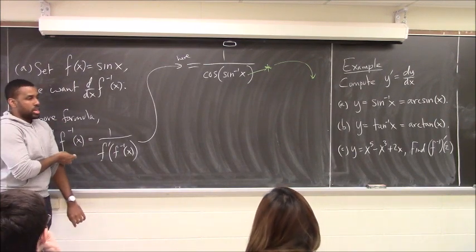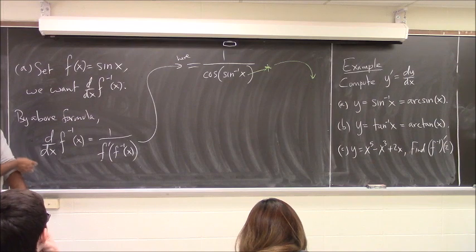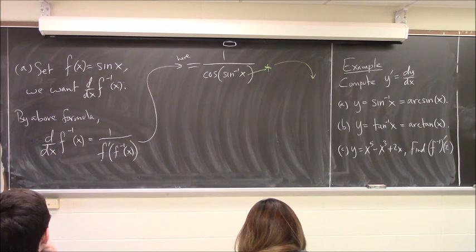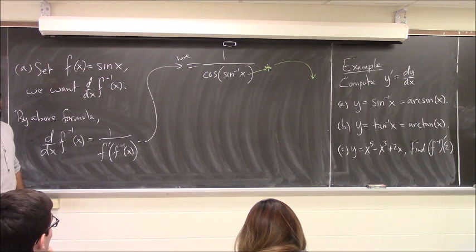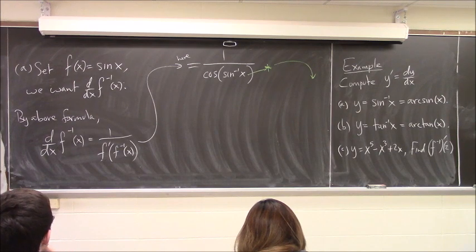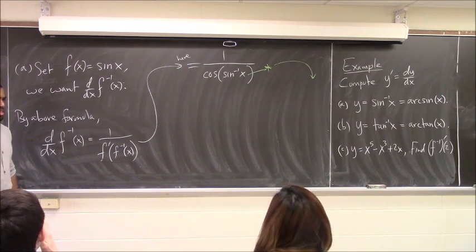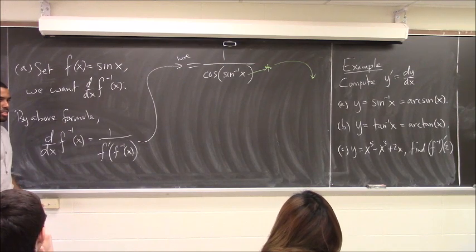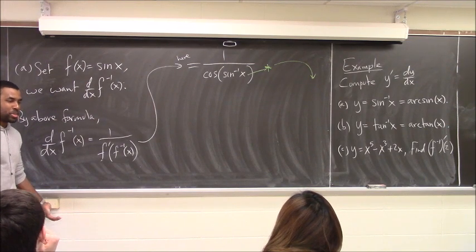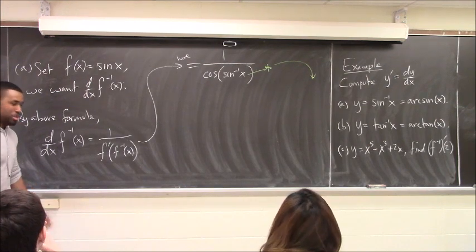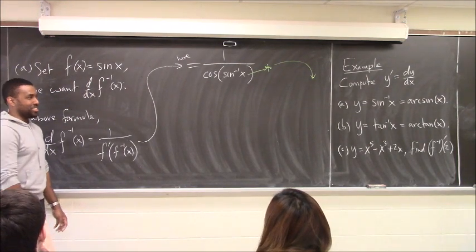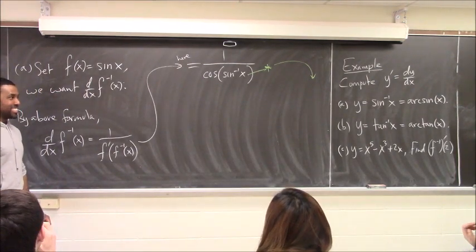Evaluate cosine of sine inverse of x. You guys remember what you would do here? Does it seem familiar at least? Like, does this look like something you would have done in Precalc? Because I'm pretty sure people do this in Precalc. These Precalcs changed since I was a kid, but I'm pretty sure they do this.